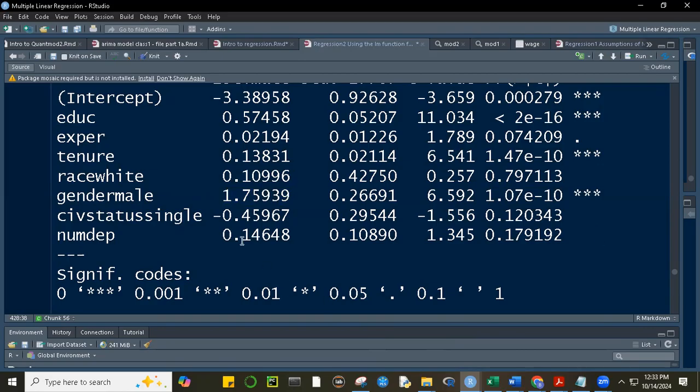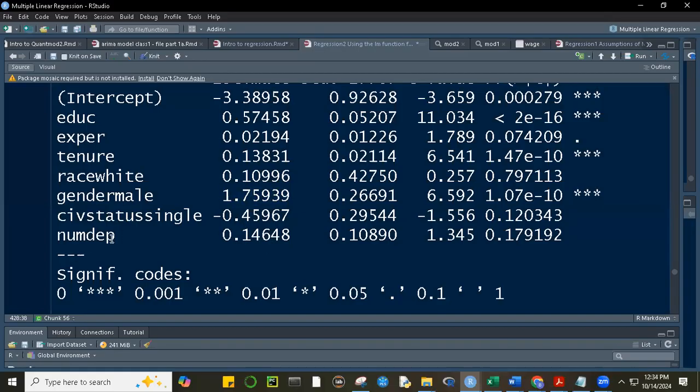Why more? Because this is positive. Why am I saying male? Because male here took the value of 1 and female took the value of 0. Female now is your benchmark, your reference, and male employees tend to have on the average $1.76 more than their female counterparts, ceteris paribus.